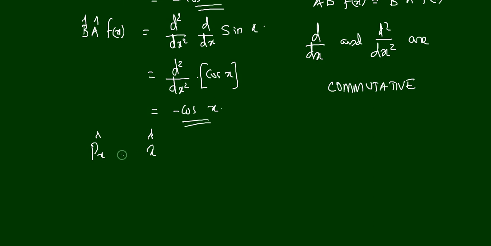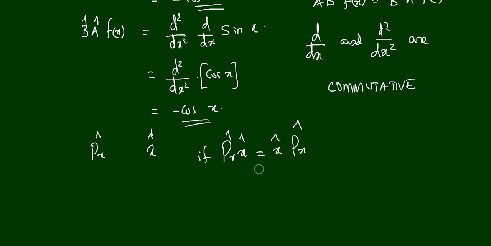Here we have the momentum operator and the position operator. If these two operators commute, it means that px cap x cap is equal to x cap px cap.